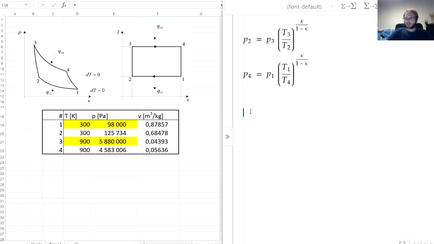Now let's get to the heat input, Q in. We had derived that the heat input is RT logarithm P3 over P4.